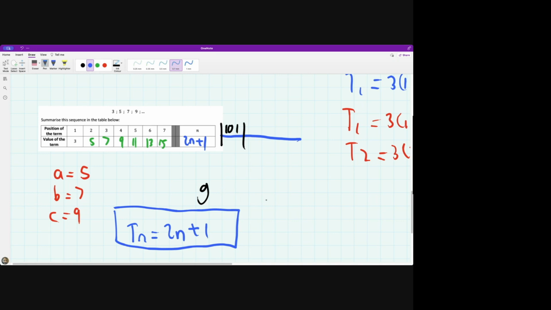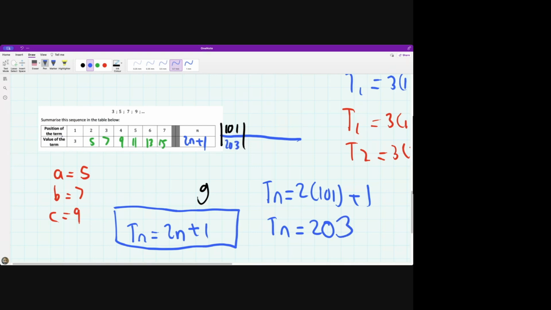All we would have to do is go 2 times 101 plus 1. So 2 times 101 plus 1. And what would we get? We would get 203.